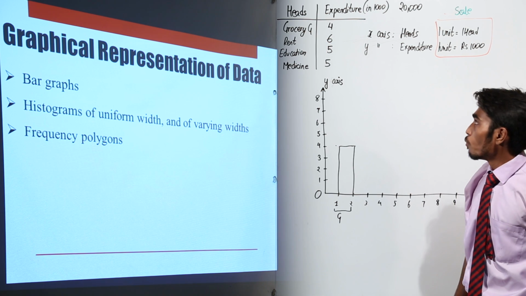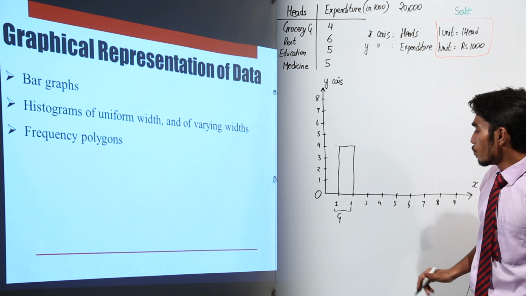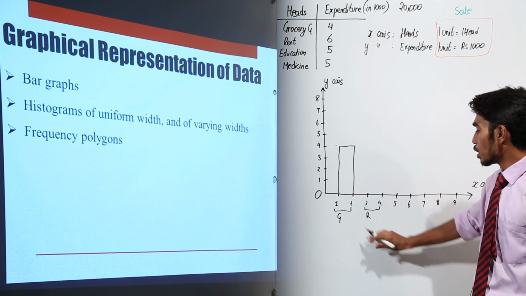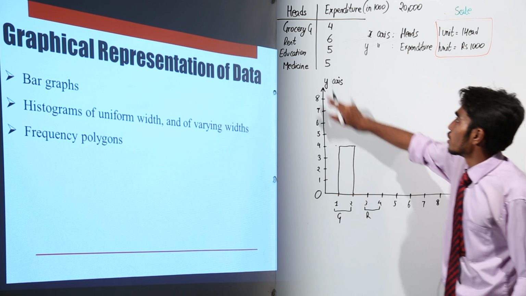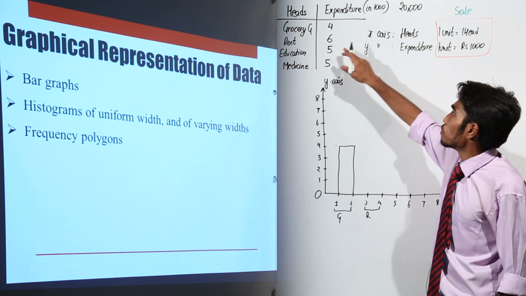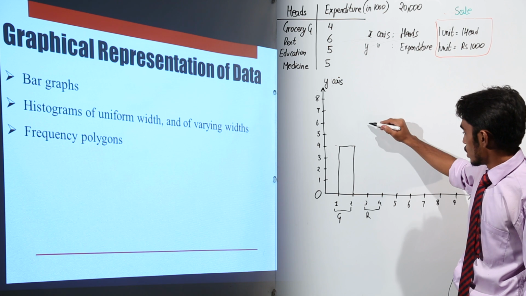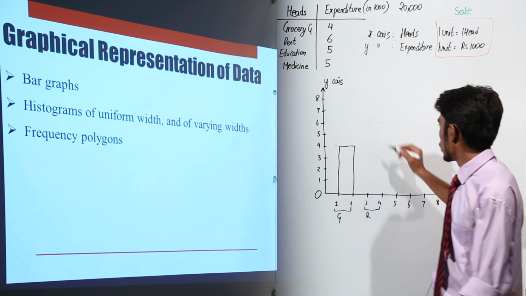Similarly, we'll be plotting rent on the graph as well. So for rent, I'm going to choose the interval 3 to 4 and let me represent it by R, right? So 3 to 4, represented by R, shows the rent. So how much money is spent on rent? 6,000. So here is 6. Let me mark the point. So we have to draw a rectangle.